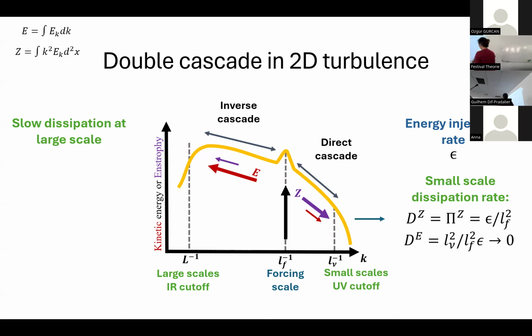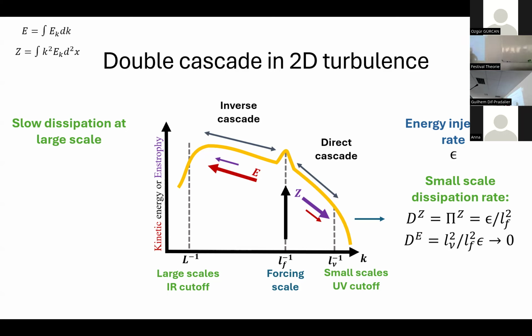Okay? So the way the energy balance works is that you have dissipation of the entropy at small scales, and the dissipation of the energy goes to zero, and the excess energy goes to larger and larger scales. And one question is what will happen to that energy? If your dissipation rate at large scales is not that slow, then it can be arrested somewhere.